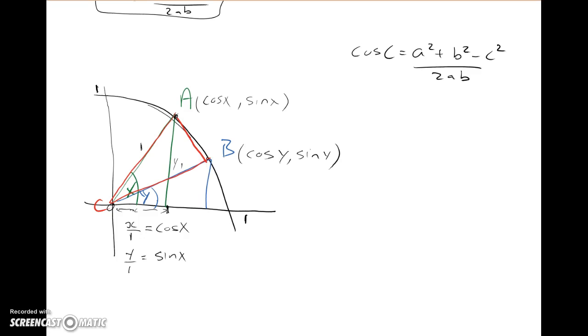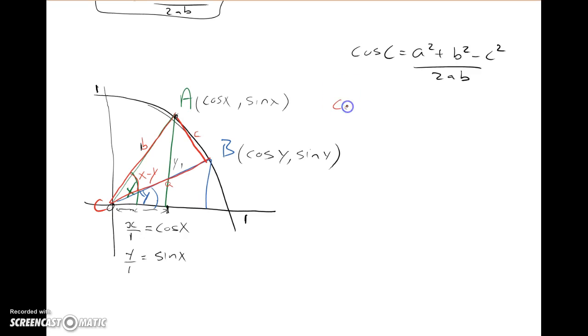Now remember last year when we did the cos rule, we said that if that is capital A, then that's little a side. If that's capital B, that's little b. And if that's capital C, that's little c. So I'm going to substitute all of those into here. So that means, and this angle is x minus y, because that full thing is x, that small thing is y, so it's going to be x minus y.